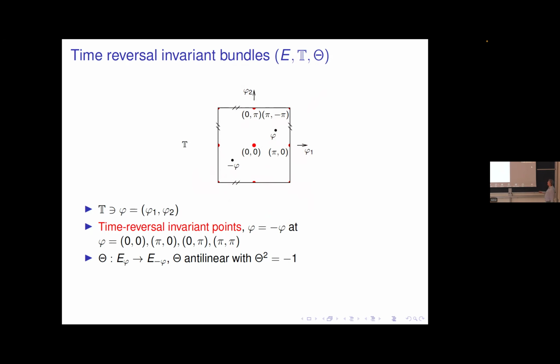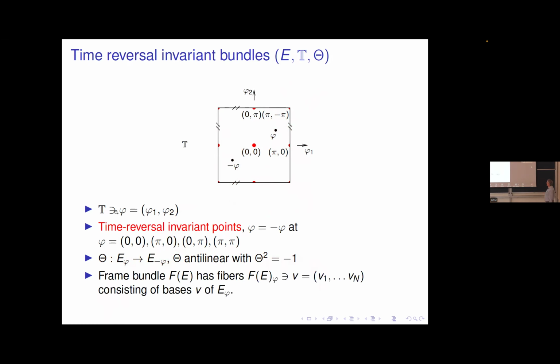Okay, and then once last time, we call this the theta map. It maps the base point phi to minus phi, but along with it, the fiber over it, and gives this map, which is anti-linear, and squares to minus 1. And then we want to construct frames again. So over each phi, we choose a basis, and would like to do it as globally as possible.